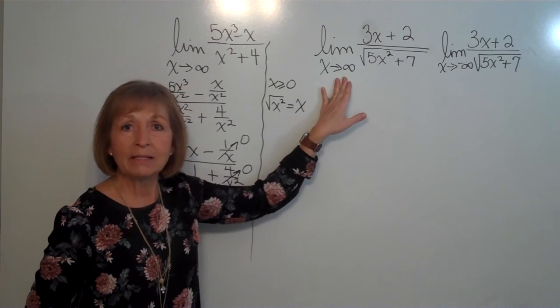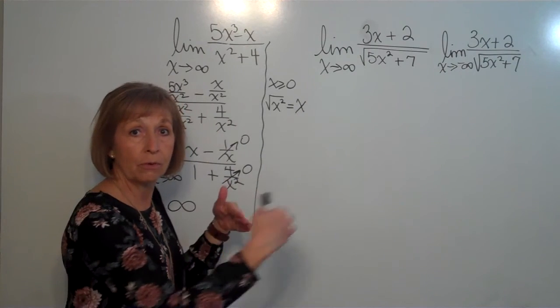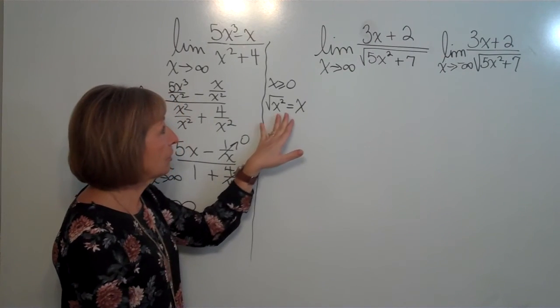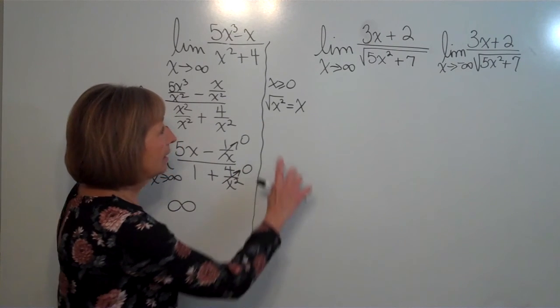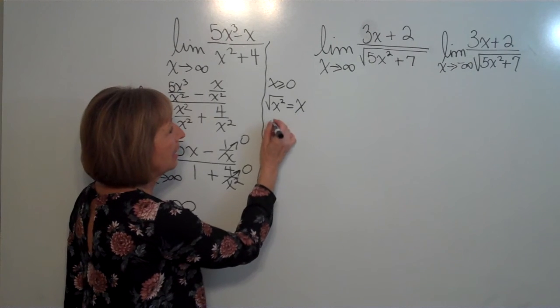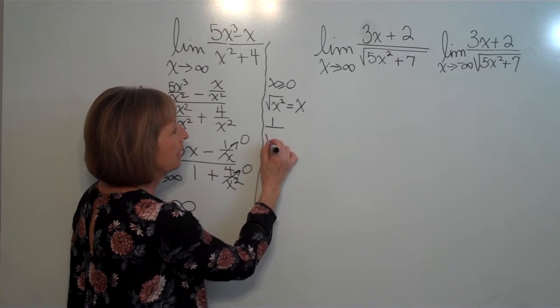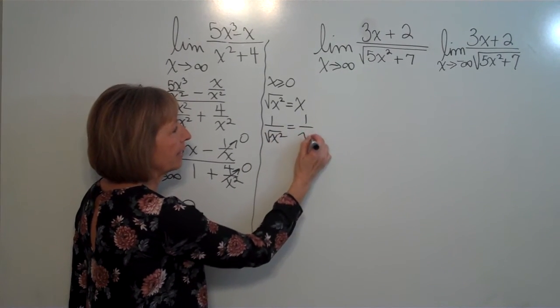And if I'm having my limit as x approaches infinity, they're positive numbers. It's going off to positive infinity. So this is the case that we have. Now if the square root of x squared is equal to x, then 1 over the square root of x squared is the same as 1 over x.